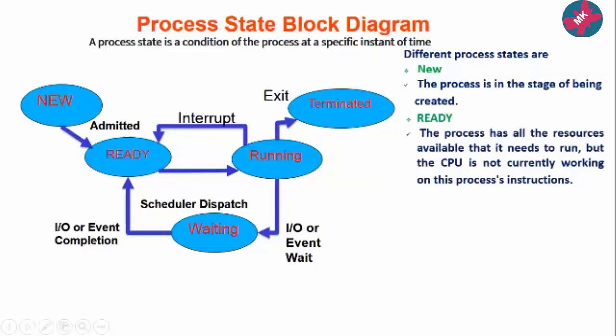So in the ready state, it has been allocated the memory for its execution, but it has not yet got the attention of the processor. So it is waiting for the attention of the processor in the ready state.